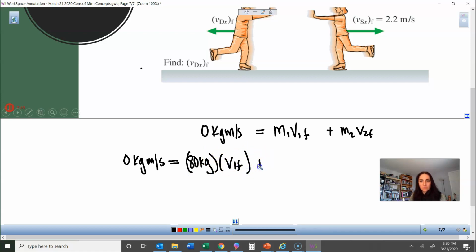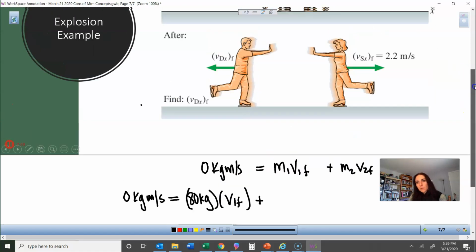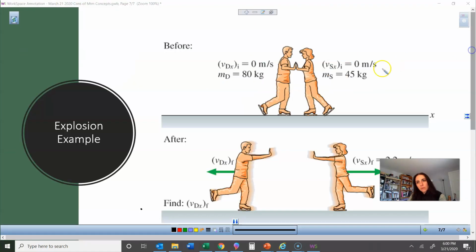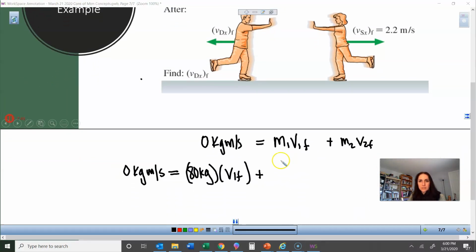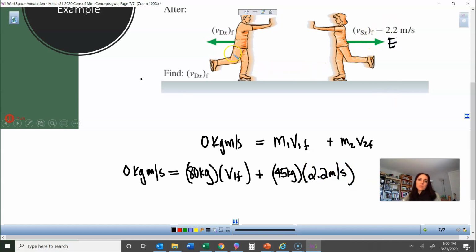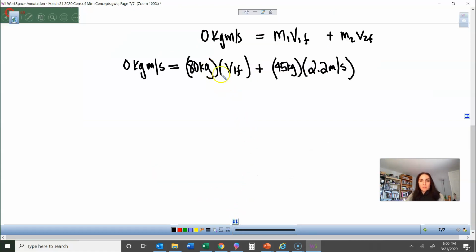So I'll leave it as a variable, plus mass of the second person, 45 kilograms, and they are going 2.2 meters per second and they're going east. So I'm going to leave this number as positive. As you might imagine, this number should be negative as they're going west. And mathematically, it will come out that way if we set everything up right. Okay, so we're solving for this.